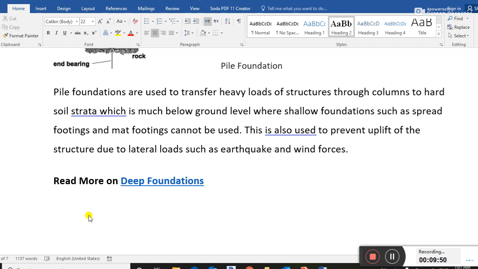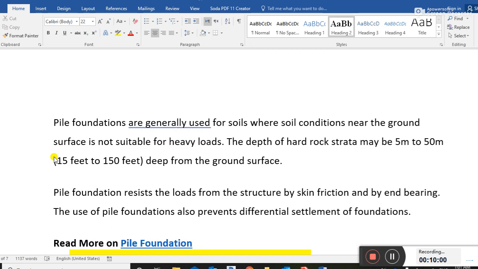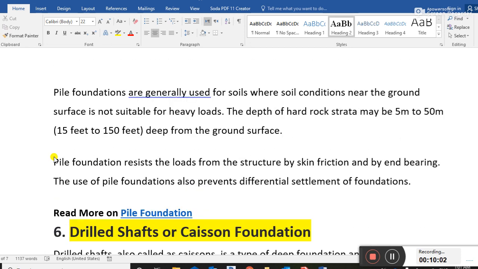They are also used to prevent uplift of the structure due to lateral loads such as earthquake and wind forces. Guys, pile foundations are generally used where the soil condition near the ground surface is not suitable for heavy loads.